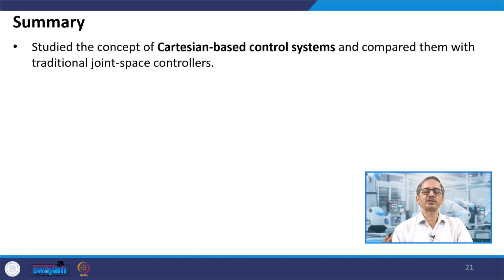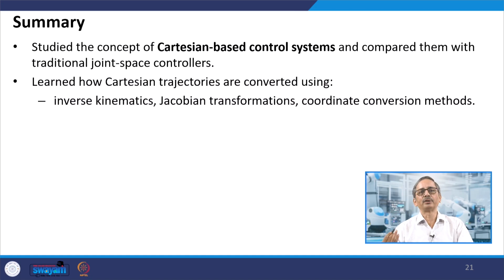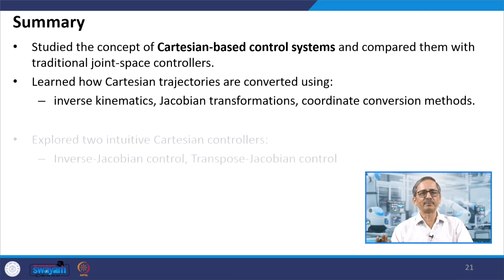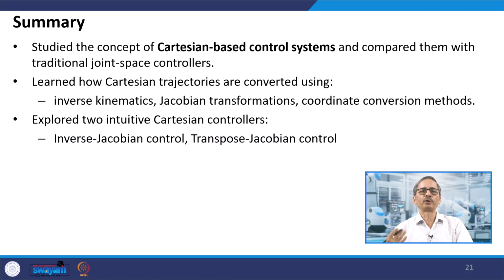So, to summarize, in this lecture we studied the concept of Cartesian-based control systems and compared them with the traditional joint space controller. We learned how control trajectories are converted using inverse kinematics, Jacobian transformations, and coordinate conversion methods. We explored two intuitive control schemes: one was the inverse Jacobian and another was the Jacobian transpose.